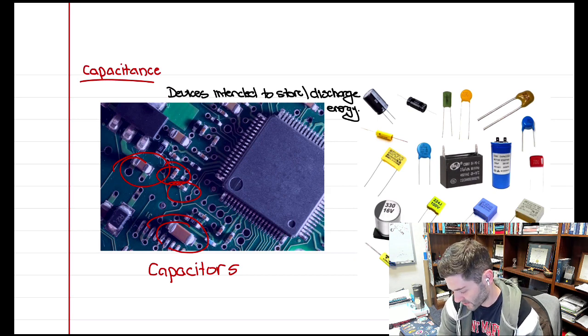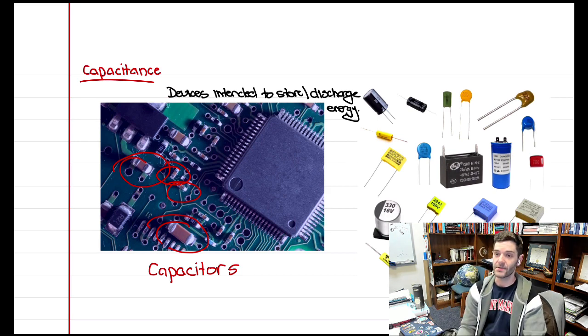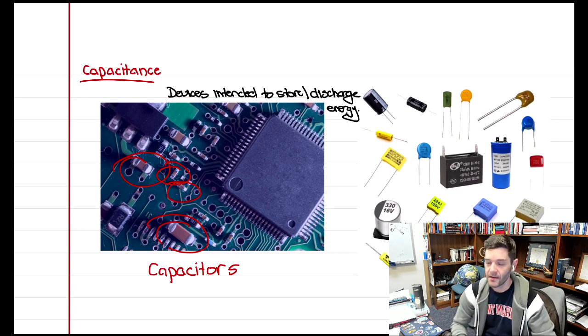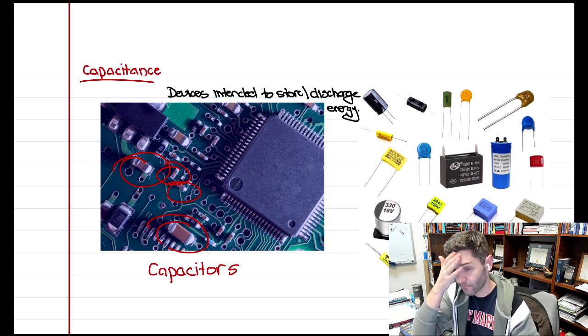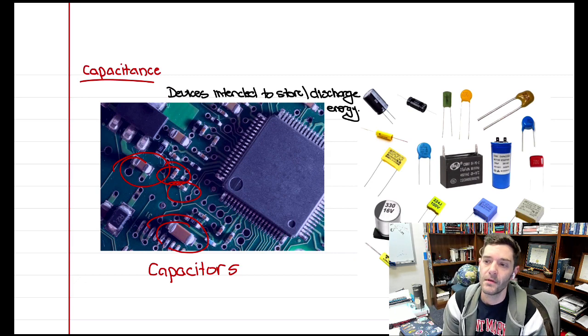If you need to discharge energy fast, the battery is not going to do it. You need something like a capacitor, which can be fine-tuned to discharge energy at whatever rate you need it to.